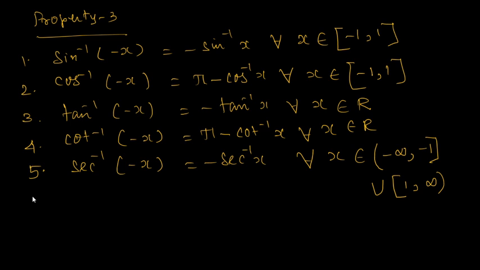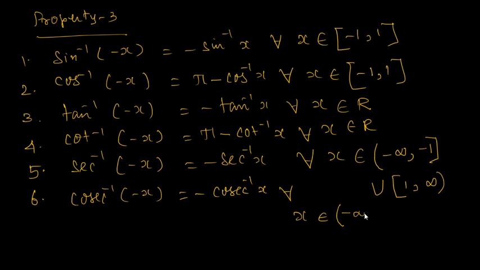Then 6th, cosecant inverse of minus x is equal to minus cosecant inverse of x for all, similarly, x belongs to the open interval minus infinity, do it carefully, comma minus 1 closed interval, union, then closed interval again 1 comma infinity, here open interval.